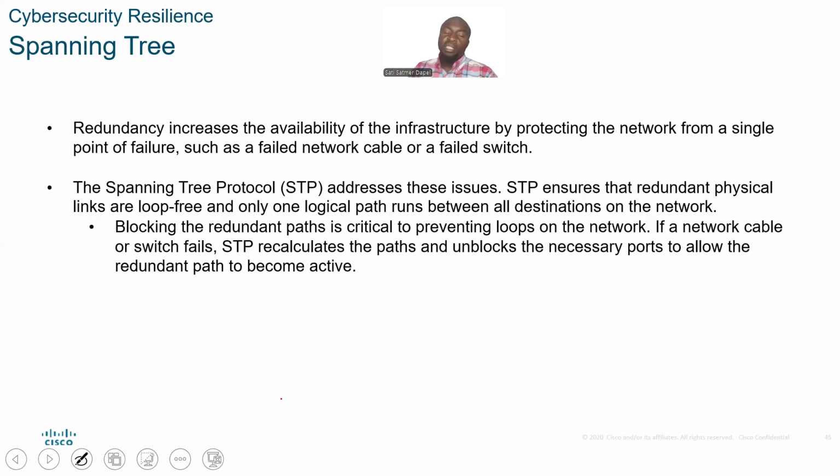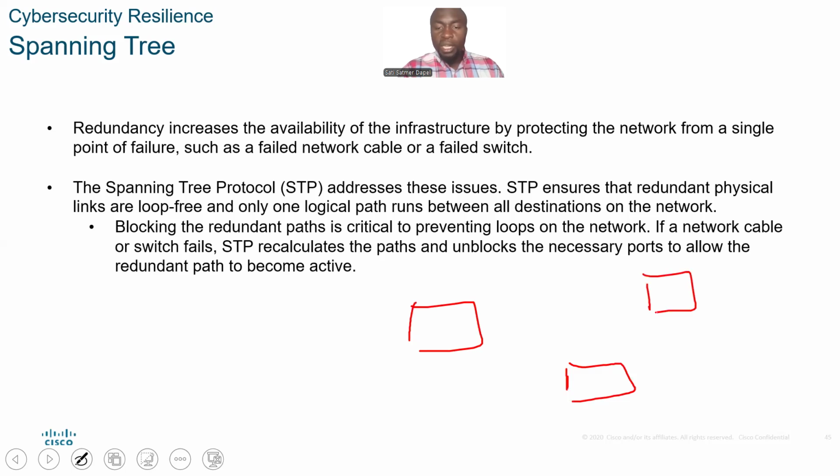Then spanning tree. Spanning tree is a protocol that is used basically for switches. Where you have multiple switches, there's a tendency of having a loop. For instance, let's say this is one switch, I have two switch, I have three switch. Then I have a cable coming here, a cable coming here, and then a cable coming here. Switches by default are broadcast devices.